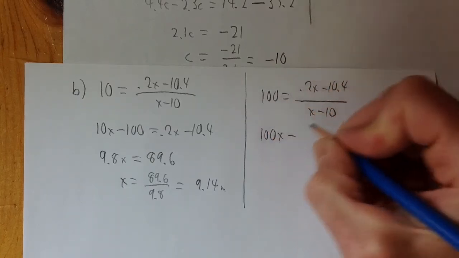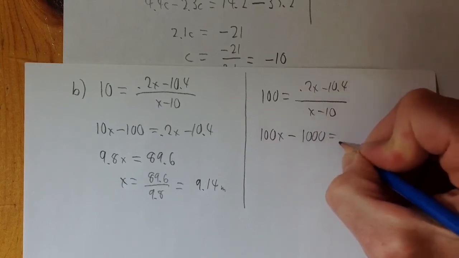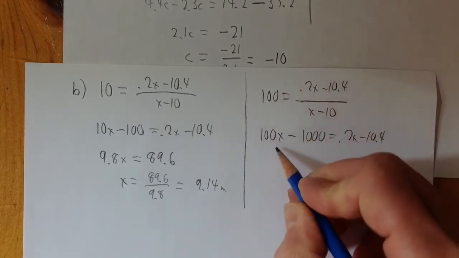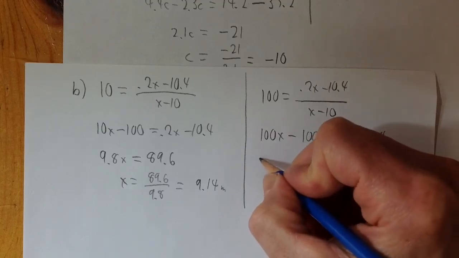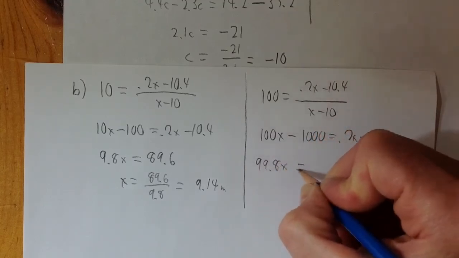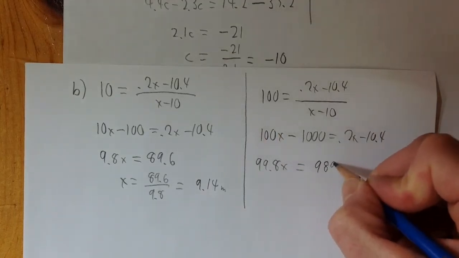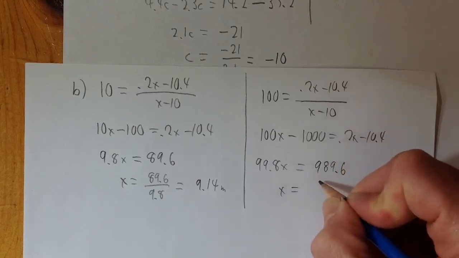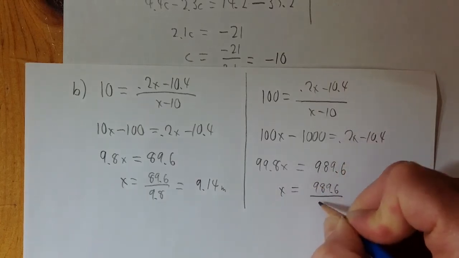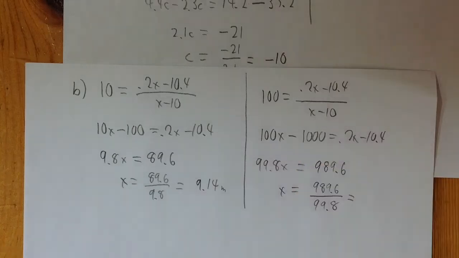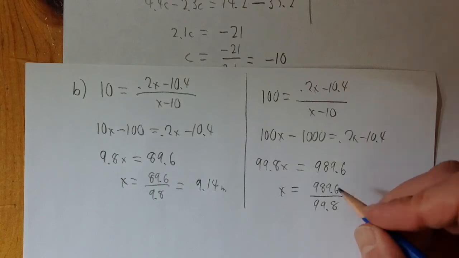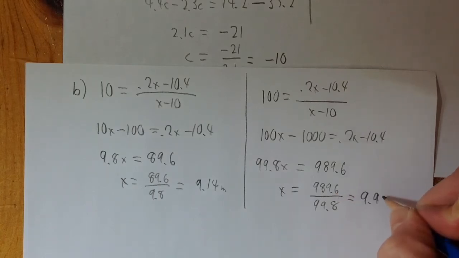We get 100x minus 1000 equals 0.2x minus 10.4. 100x minus 0.2x is 99.8x equals 1000 minus 10.4, 989.6, so x is equal to 989.6 divided by 99.8, which is 9.915, let's say 9.92 meters in.